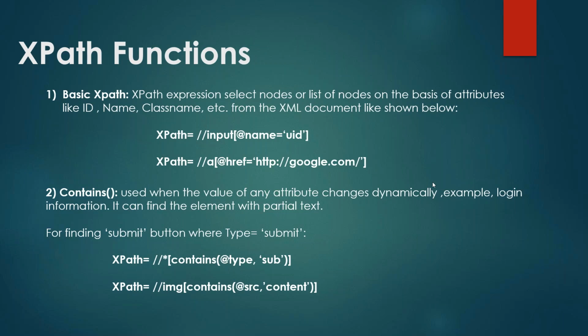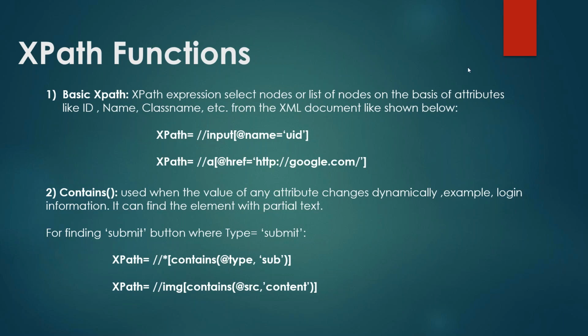Or the class name. First difference was absolute is used to scrape only one element. Relative is used to scrape more than one element. Same like find element and find elements. Second difference is absolute starts with a single slash and relative starts with a double slash.